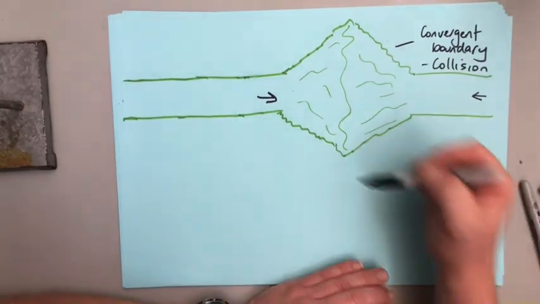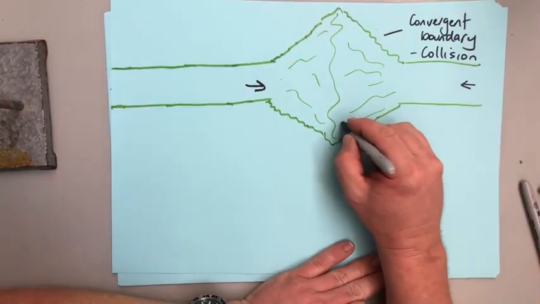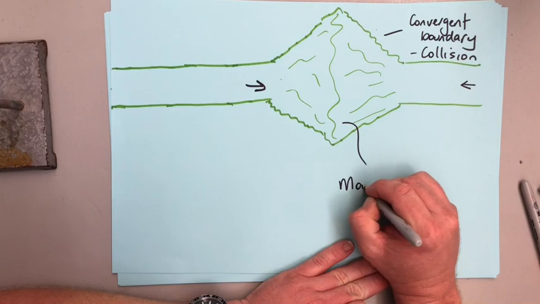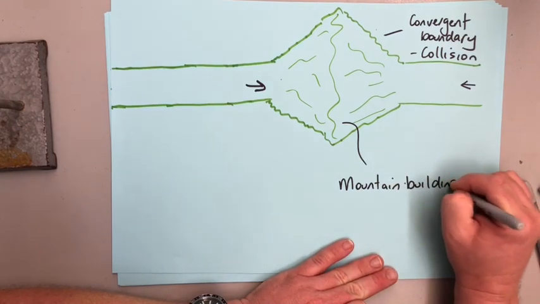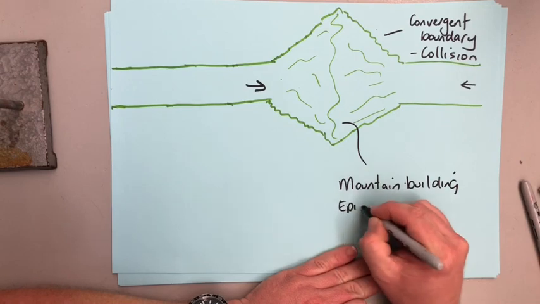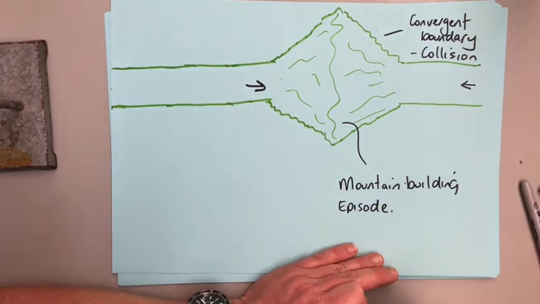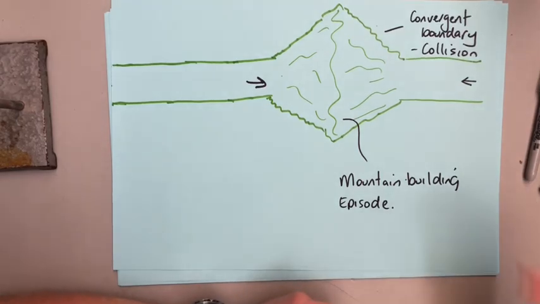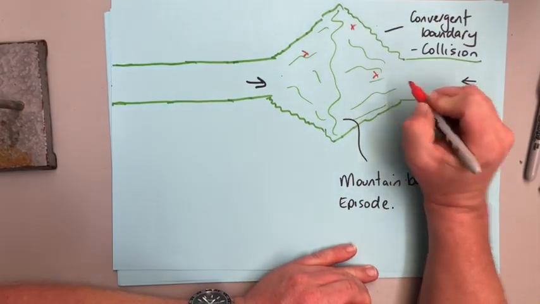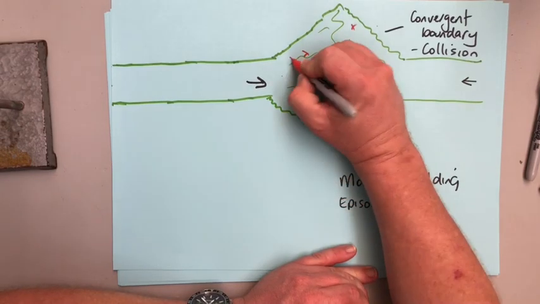So, what happens here? Well, this is called a mountain building episode. We get a whole heap of earthquakes occurring in this region. Why?